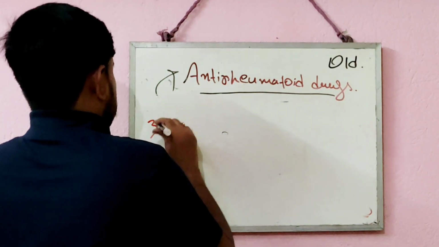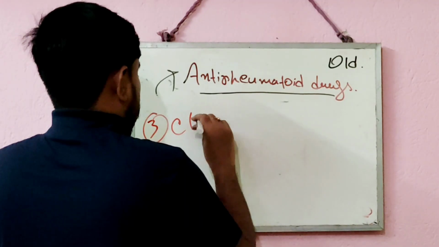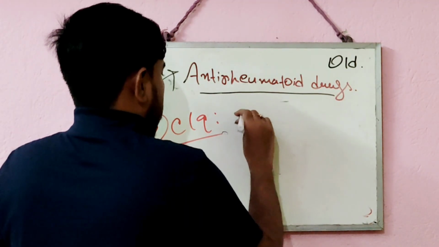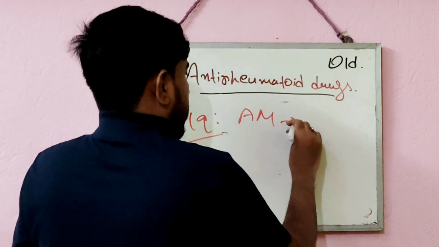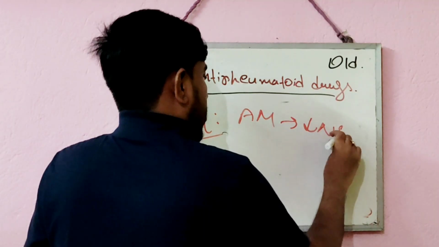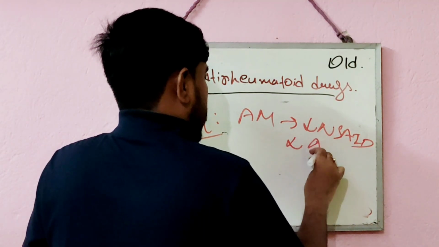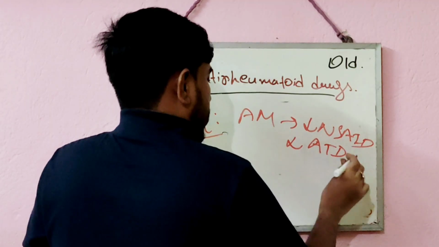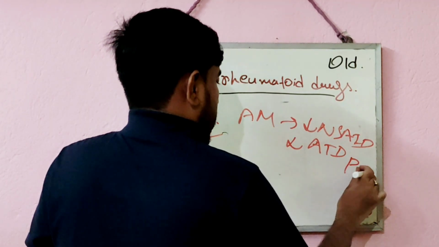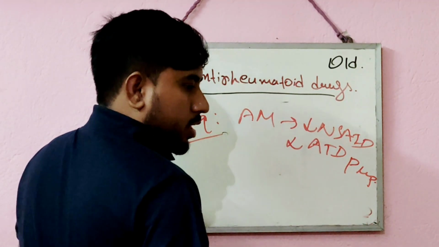The next drug is chloroquine. Chloroquine is generally an anti-malarial drug with mild NSAID and mild anti-rheumatoid drug property. And how does it show its action?